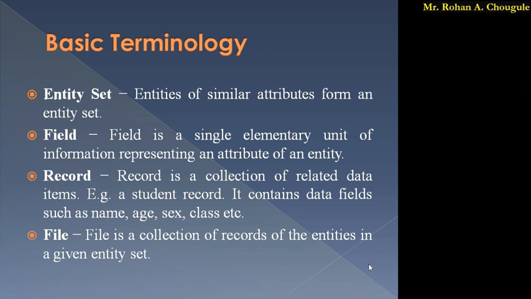So in case of fixed length record, all the records contain the same length, whereas in a variable length record the file records may contain different lengths. Okay, next we have seen the concept of file. It is a simple collection of records of the entities in a given entity set. So simply, a file is a collection of records.